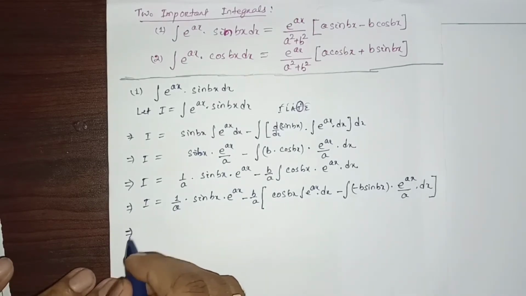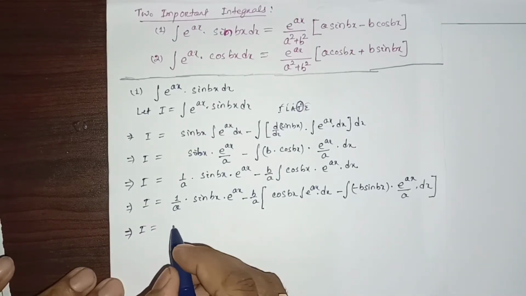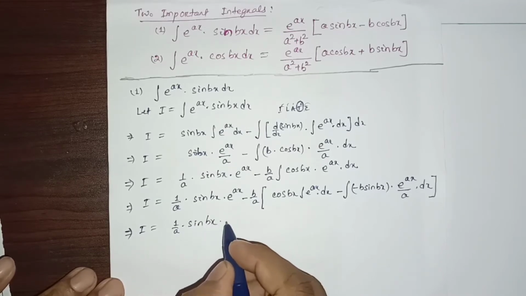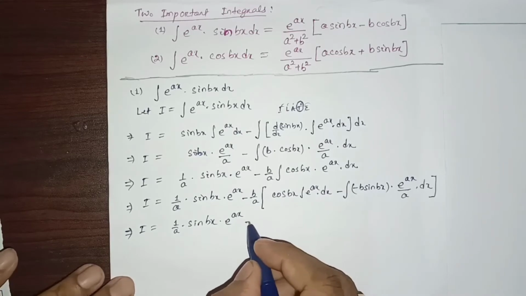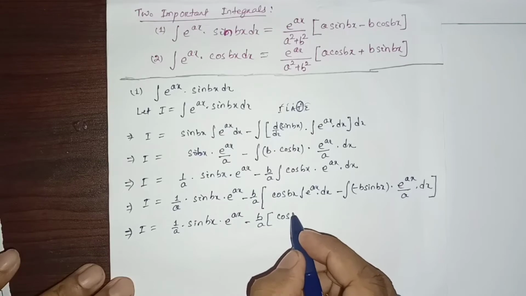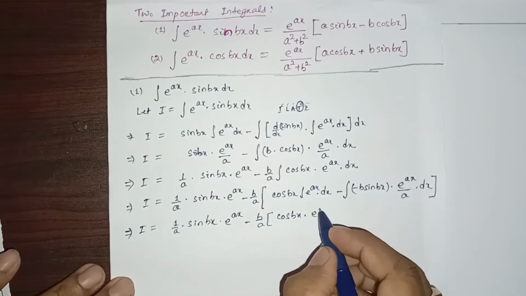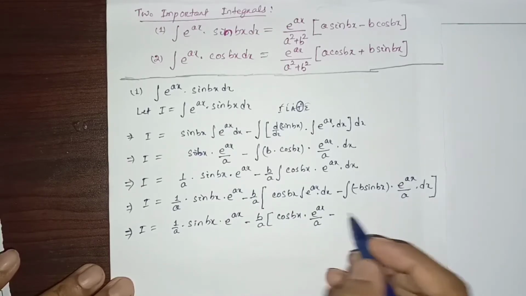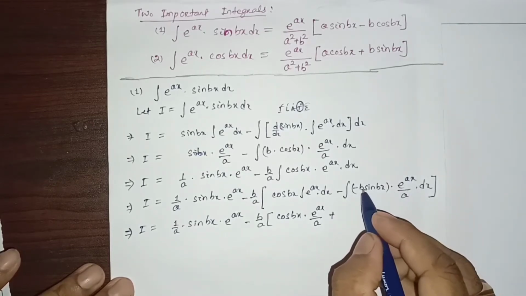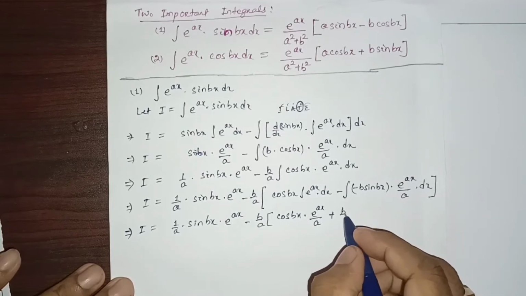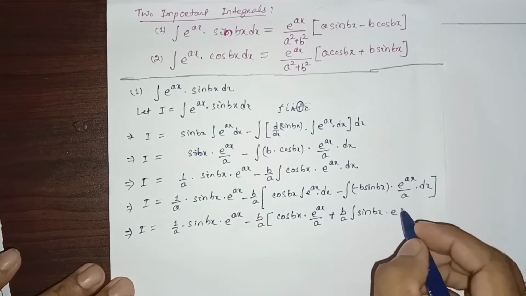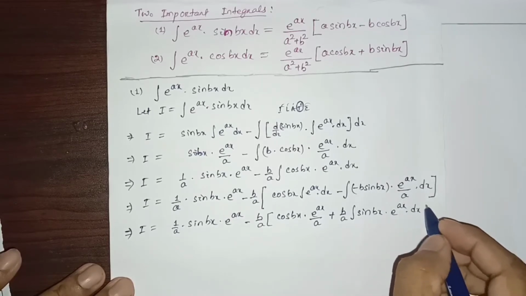So that implies I equal to, already 1 by a into sin bx into e to the power ax is there, minus b by a into cos bx, e to the power ax by a, minus plus, taking b by a outside, b by a sin bx into e to the power ax into dx.